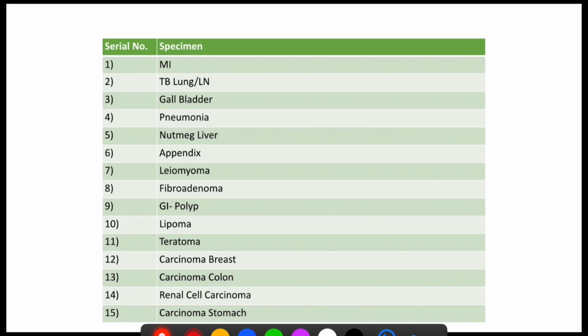Even if you try to describe this much, the examiner will know that you know which organ is there and how to describe the specimen in correct order. So this will also give a good impression and the examiner will also guide you to reach the diagnosis, right?